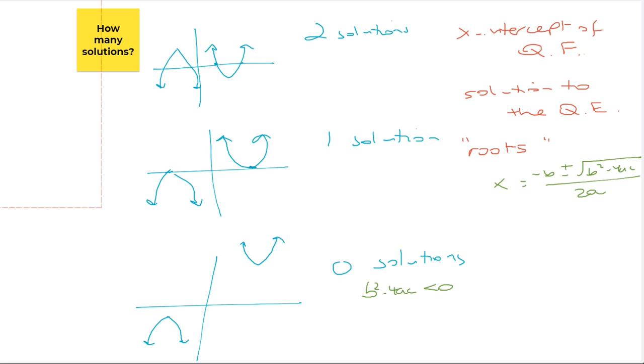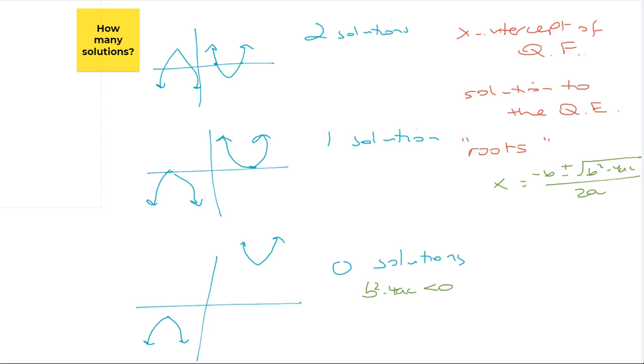If the stuff under the square root sign is 0, then our two solutions will be negative b plus 0 over 2a and negative b minus 0 over 2a. But plus 0 and minus 0 is the same thing. It doesn't change anything, right?